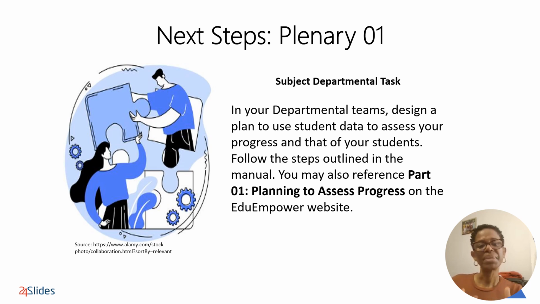And in developing that plan, you can always reference the session that we just went through, part 1, to help you formulate that plan. You can look at the samples that have been posted, or you can create your own and develop a plan. So identify a problem, then determine which instructional strategy you are going to use, and you begin working from there.